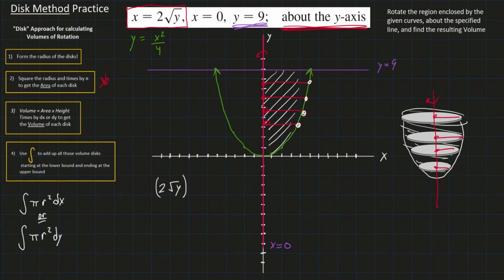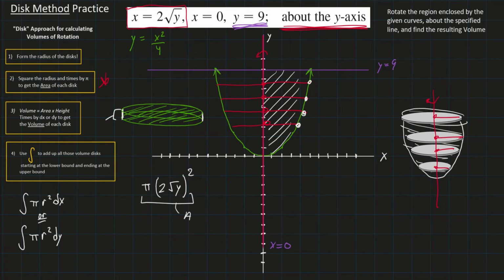So moving on to step 2, because this is my radius of each one of my disks, I can square each one, times it by pi. So that will give me the area of each one of these disks. And now that I have the area of each disk, I need to multiply each one of these areas by a little bit of height, so I can get the volume of each one of these small disks.